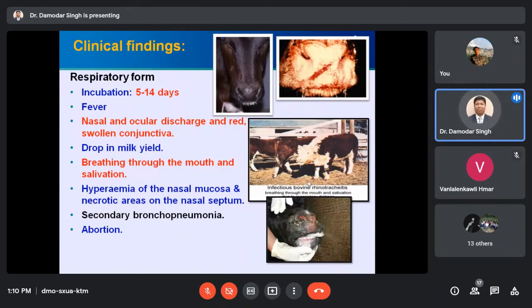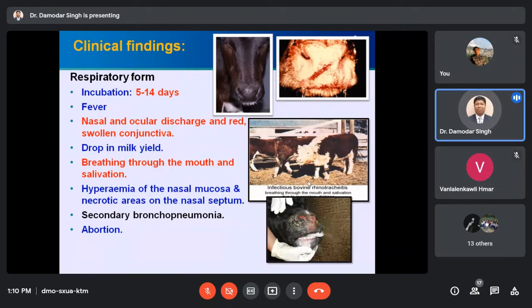Now coming to clinical signs and symptoms, the clinical manifestations or findings. First, in the case of the respiratory form, the incubation period may vary from 5 to 14 days, and it is initiated with a high rise of body temperature, fever, and nasal and ocular discharges, and red swollen conjunctiva of the affected animal, right?